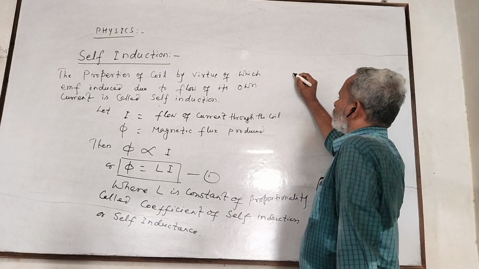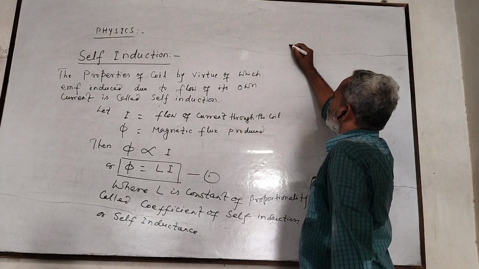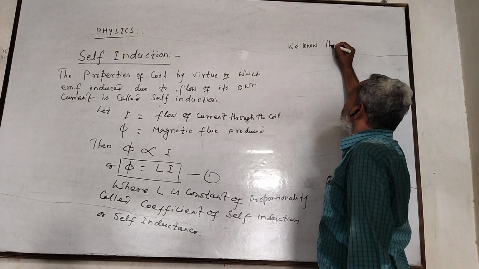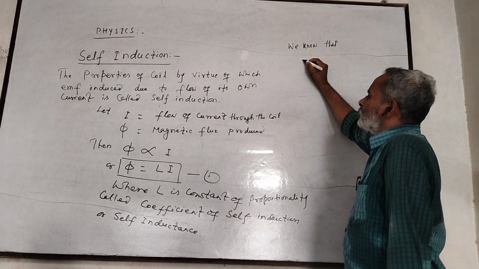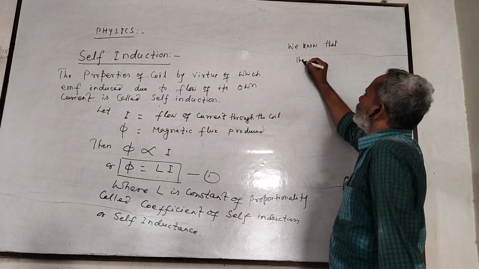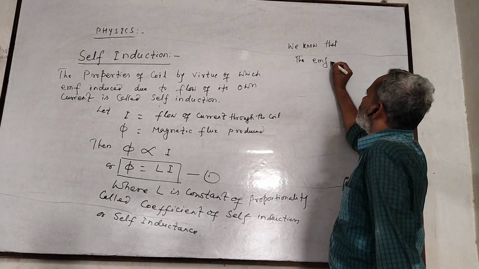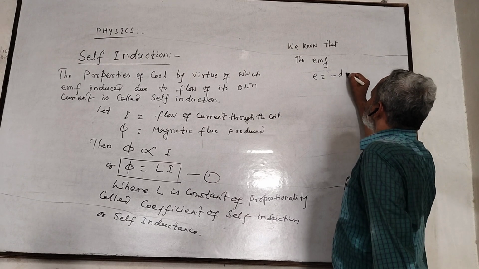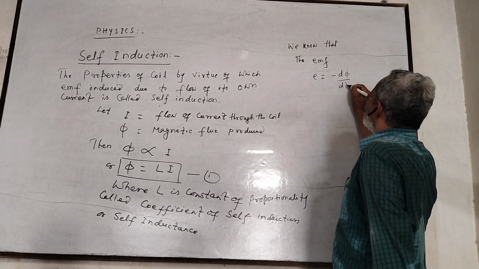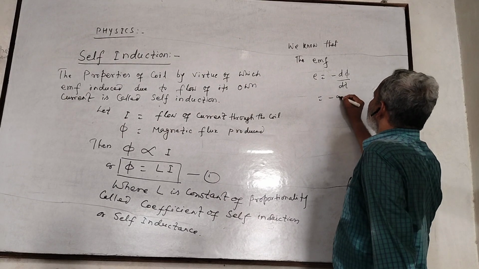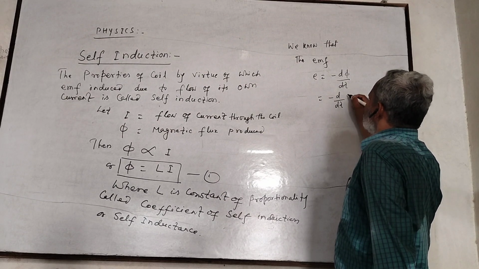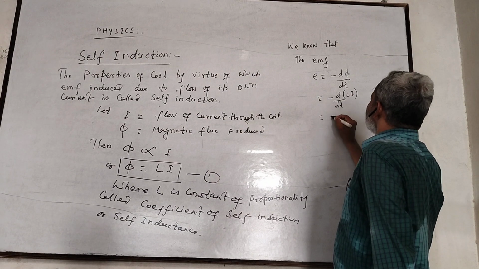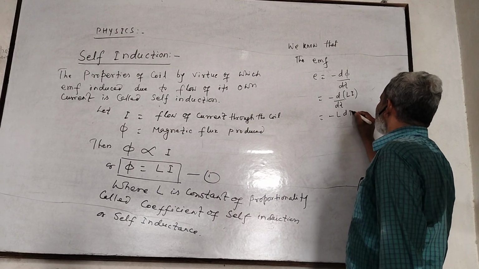We know that the EMF E equals minus d phi by dt, which is minus d by dt of L I, so E equals minus L di by dt.